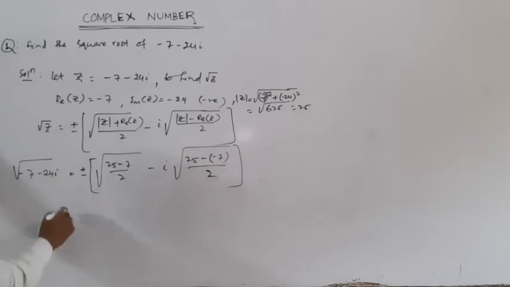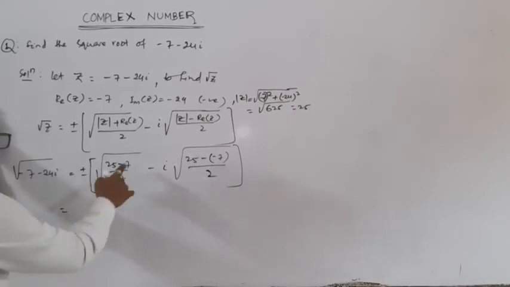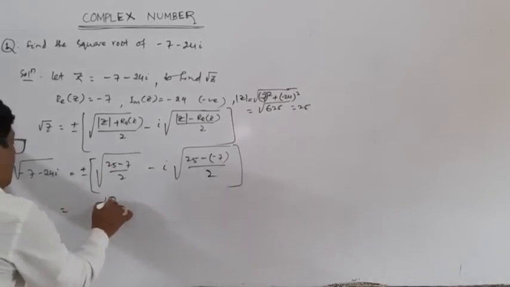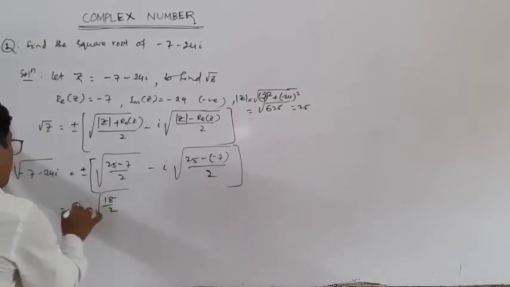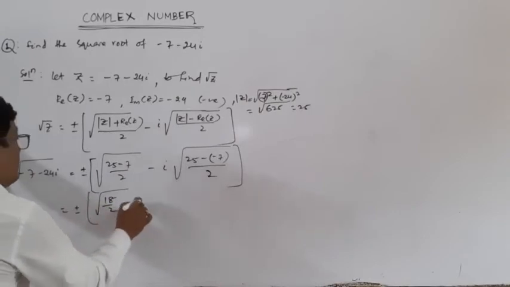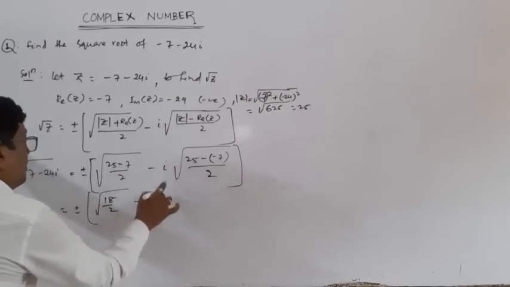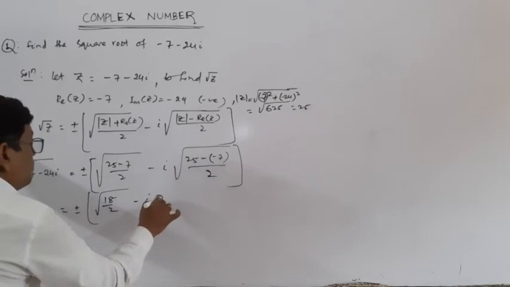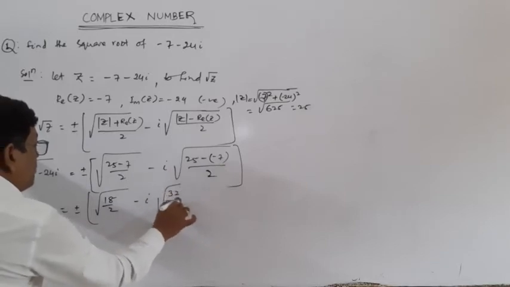So this is 25 minus 7, that is 18 by 2, and here minus i into 32 by 2.